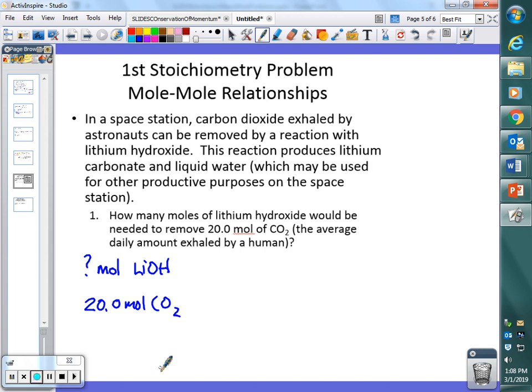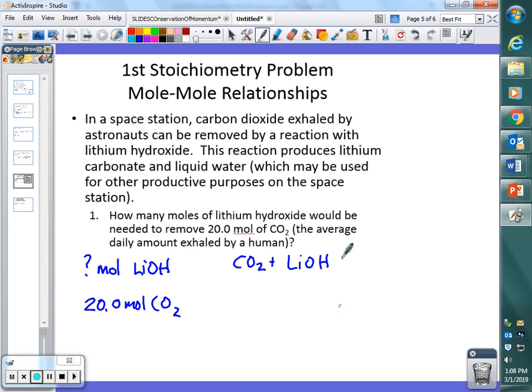Nope. Those are not the reactants. Those are the products. Katie, what are the reactants? Good. Carbon dioxide can be removed by a reaction with lithium hydroxide. Those are the reactants of this reaction. That's what we're starting with.